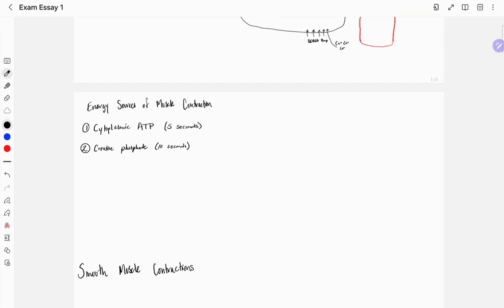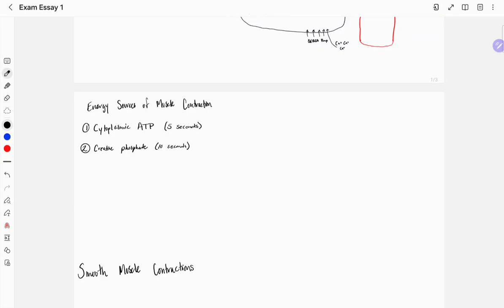I believe when we have eye movement, for example, that's a brief muscle contraction. Or if we were to pick something up off a desk, that could be these short muscle contractions that would use cytoplasmic ATP and creatine phosphate.